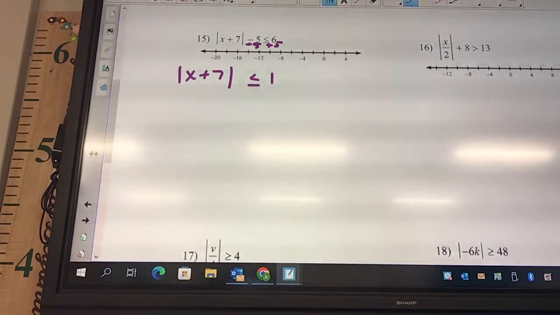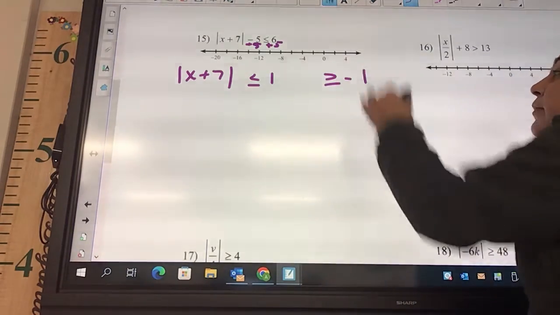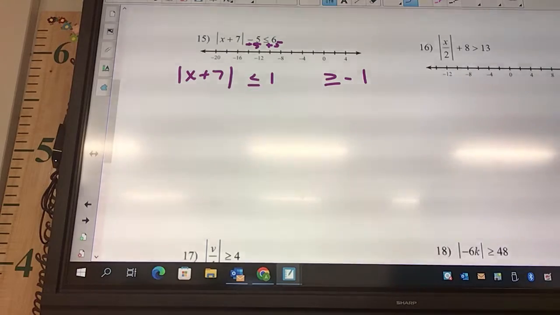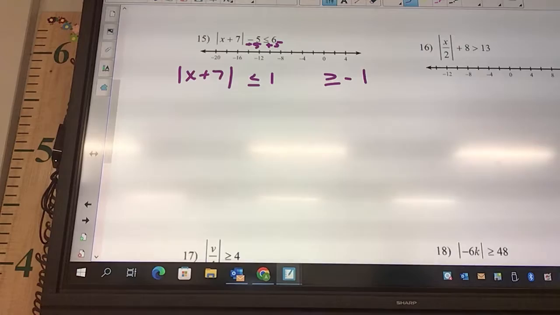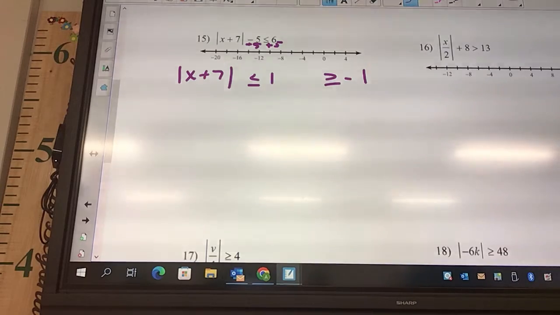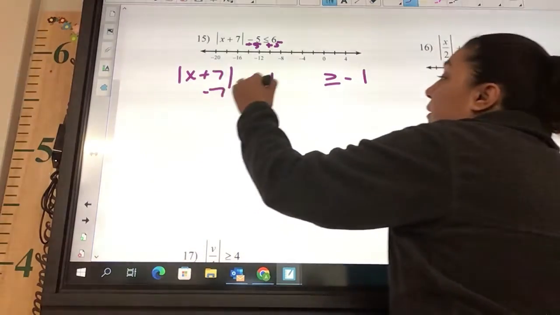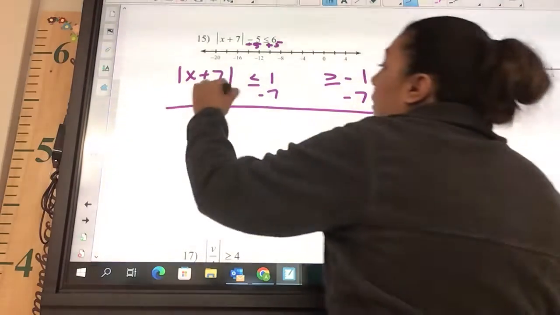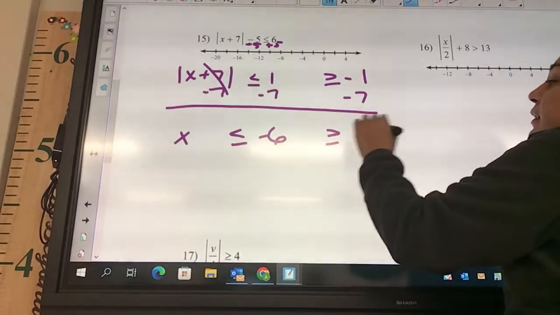Yes, so now we can flip it and make it a negative. Okay, and then I could say minus 7 on all these pieces. I'm going to get negative 6 and negative 8.